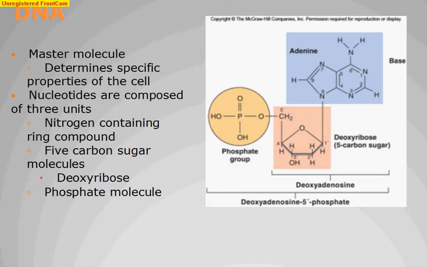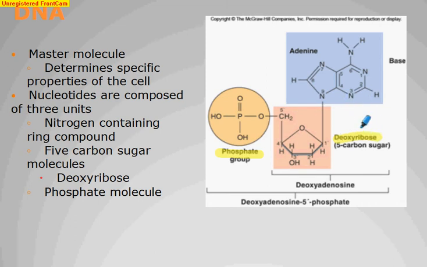Looking specifically at DNA, all living things, all living cells contain DNA. Every single cell. You will need to know the parts of the DNA monomer. So all nucleotides in DNA contain a phosphate group, contain the deoxyribose sugar.